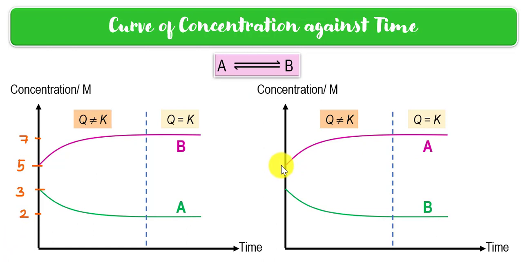Or maybe A, we started with 5 molar and it will reach equilibrium at 7 molar, and B started with 3 molar and it decreased until it reached equilibrium at 2 molar. So this type of curve depends on our reaction.